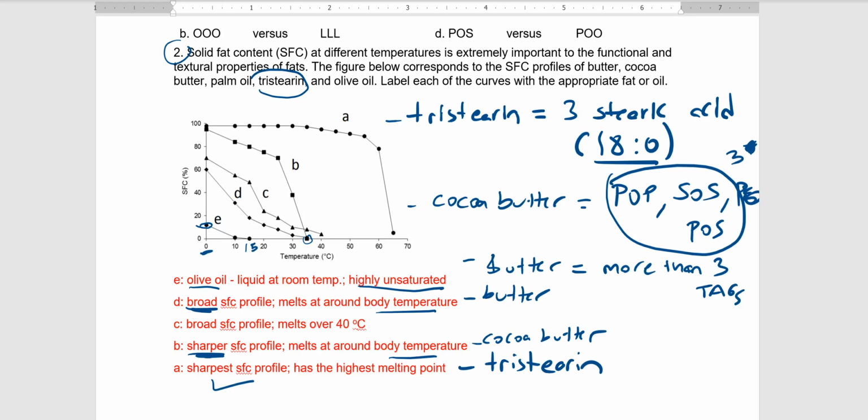Okay, now automatically this becomes palm oil. And it makes sense, we know that palm oil is high in saturated fats.